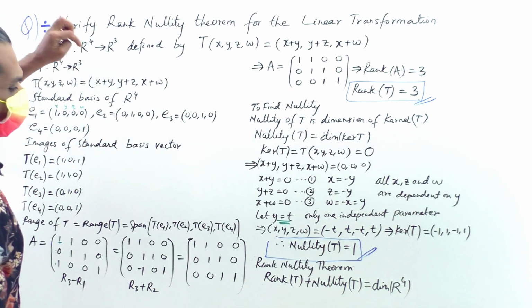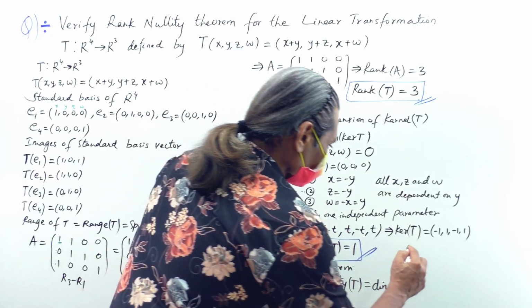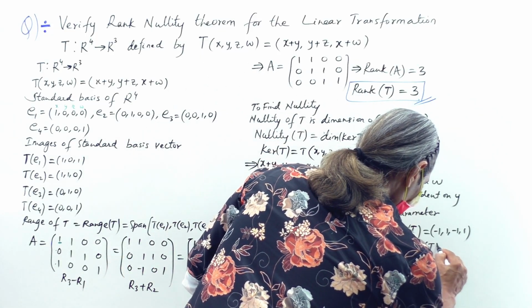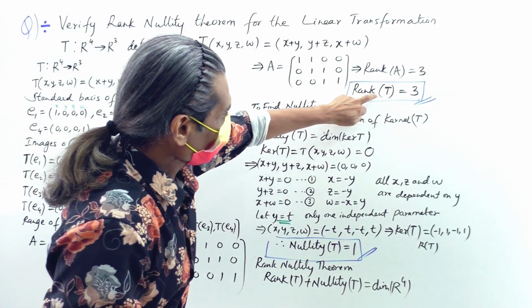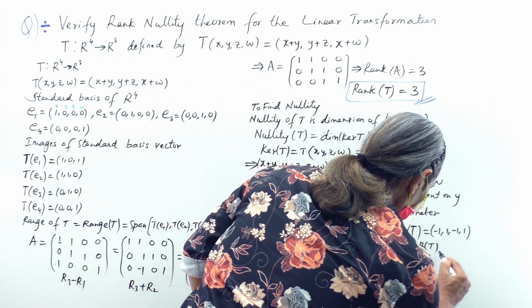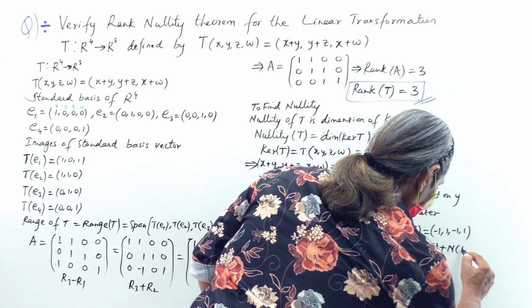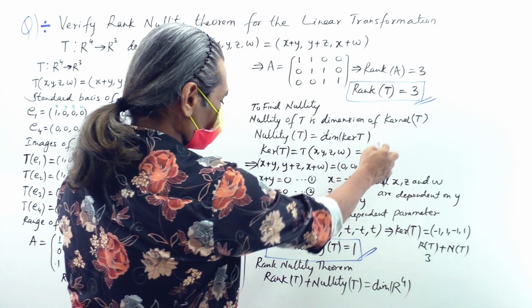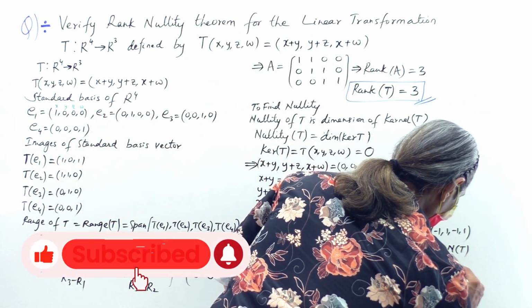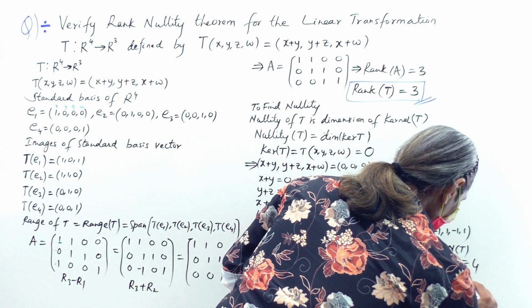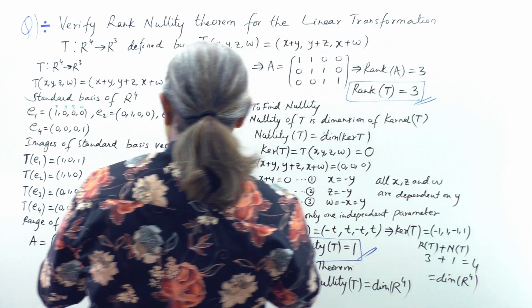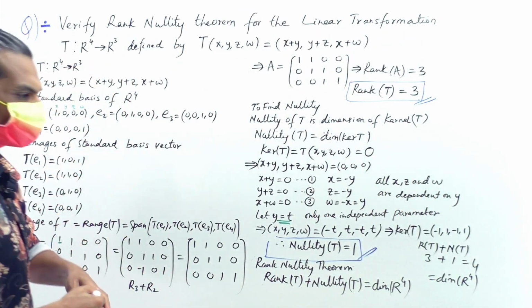Therefore, what's the rank of T? Let's see how we verify here. Rank of T is 3, plus nullity of T, which is 1 here. 3 plus 1 equals 4, and that is equal to dimension of R raised to 4, because the dimension here is 4.